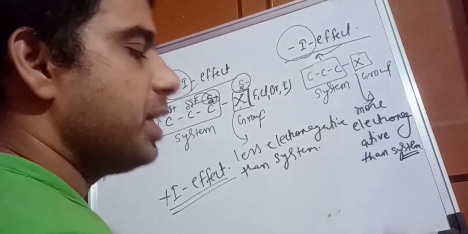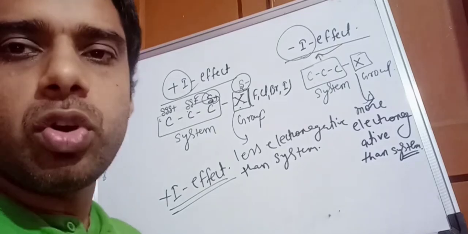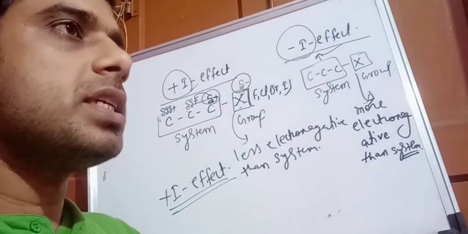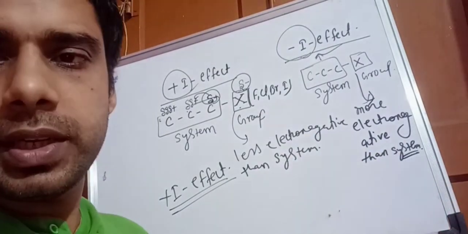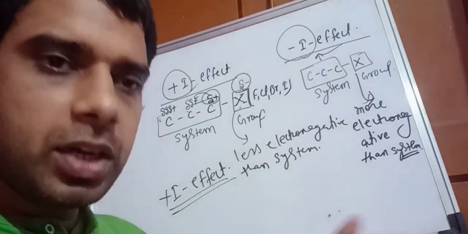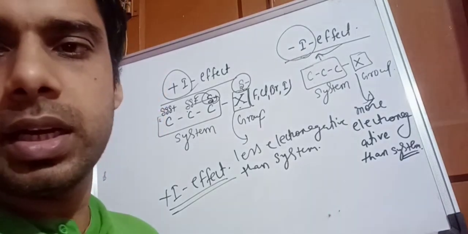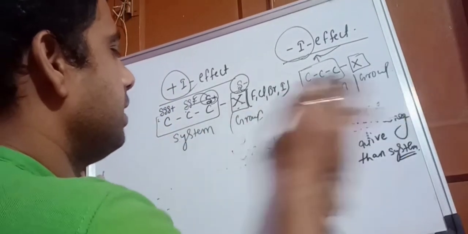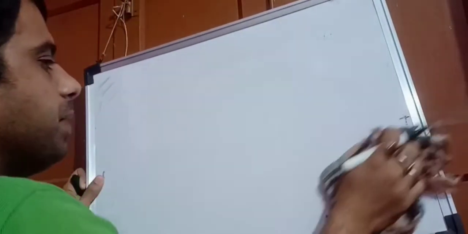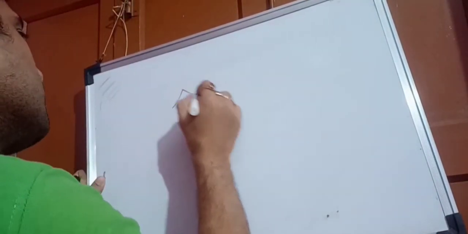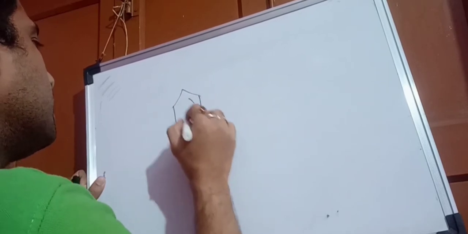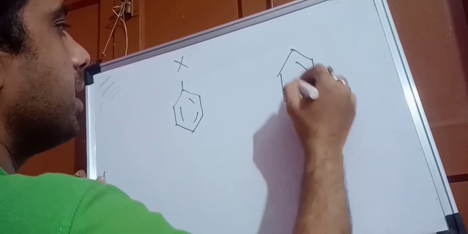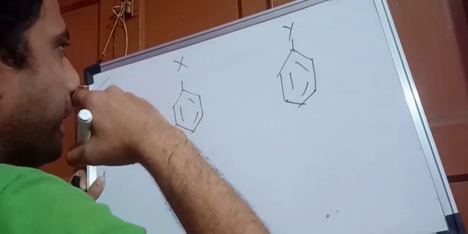Some groups are electron withdrawing groups, and some are electron donating groups. What does it mean? An electron donating group will give electrons to something, and an electron withdrawing group will take electrons from the system. Suppose I make one ring here with X on it, and in the second structure I take a ring with Y on it.